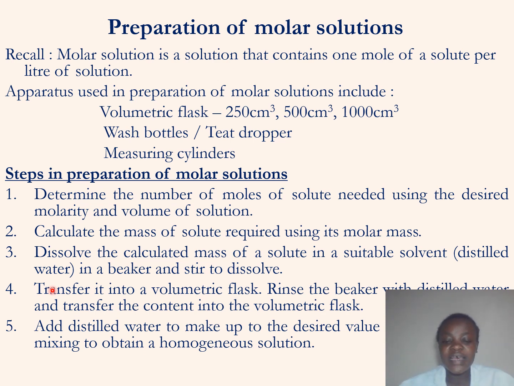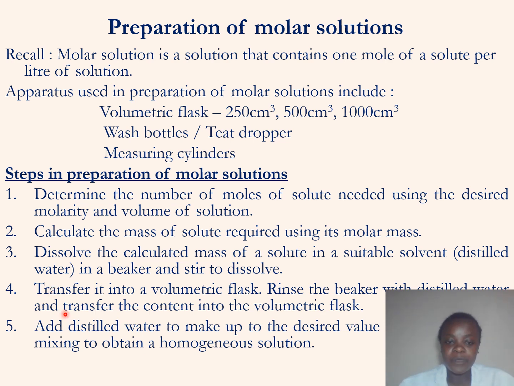Then we use a stirring rod to stir the solute to dissolve in the distilled water to form a solution. So step 3: dissolve the calculated mass of the solute in distilled water in a beaker, then stir to dissolve.